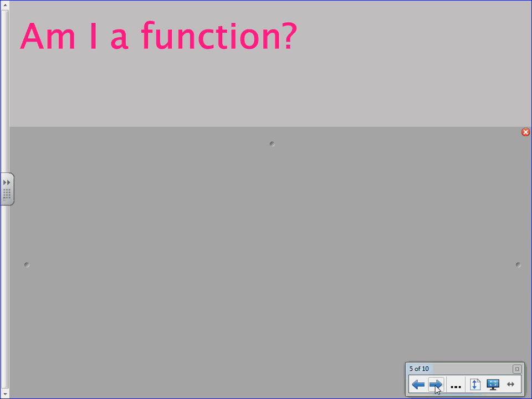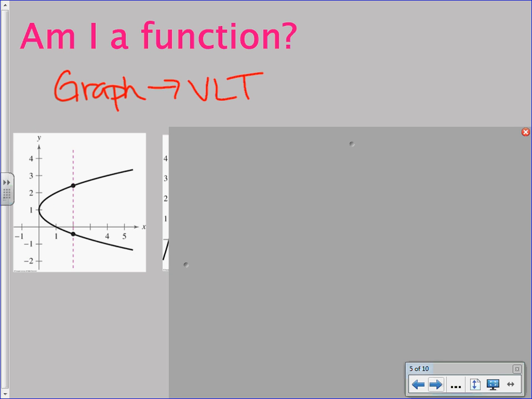So when we are looking at a graph, we have the vertical line test, because if we draw a vertical line and we have 2 points on that vertical line, that means that those 2 points have the same x value, which means it's not a function. Okay? So, is this graph a function? No, our vertical line hits it more than once.